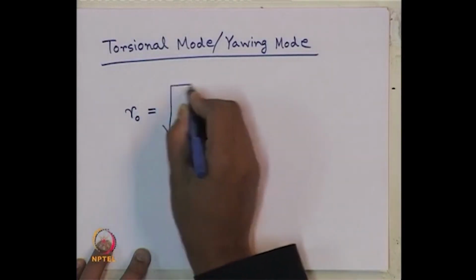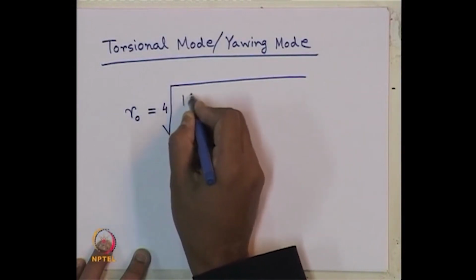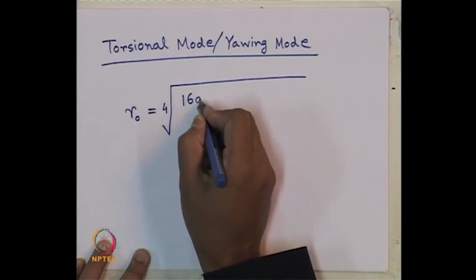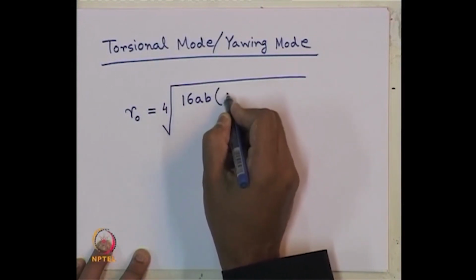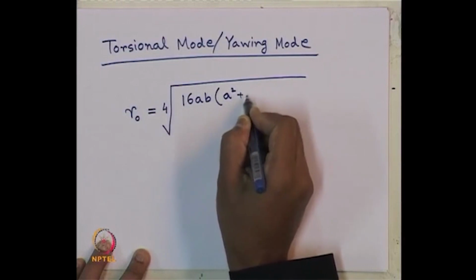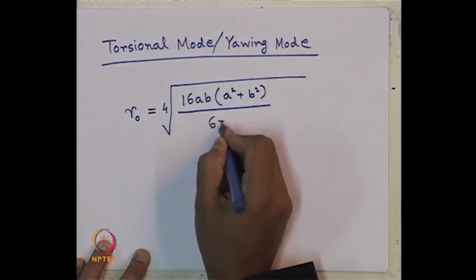R naught is obtained as the 4th root of 16 a b (a square plus b square) by 6 pi.